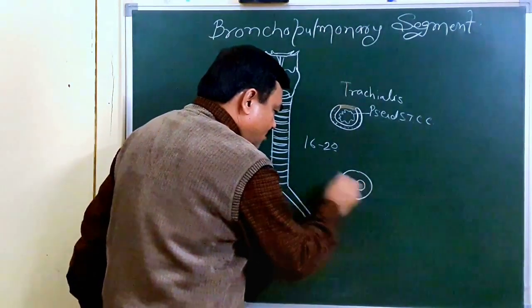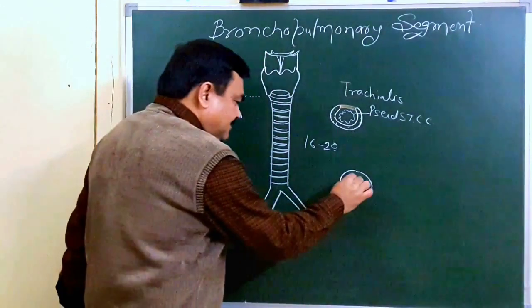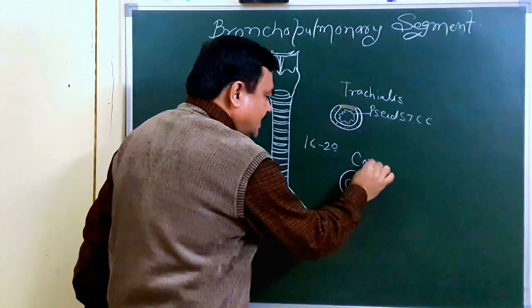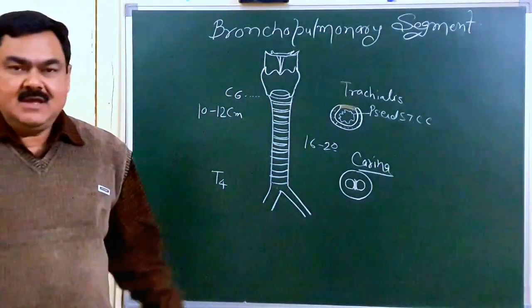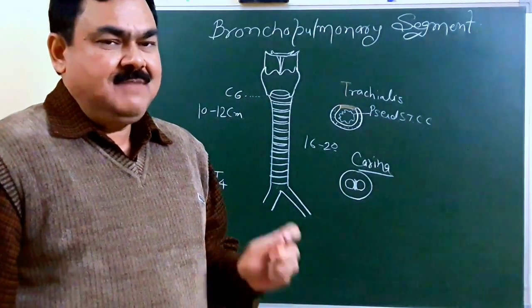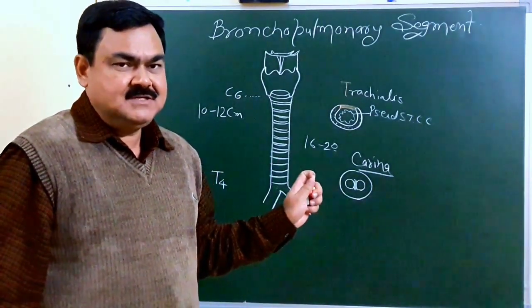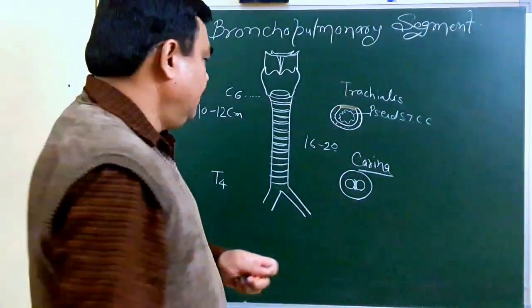Here is the opening of these two principal bronchi. This middle portion is the carina. Here the mucosa is highly sensitive. If any foreign particle reaches here, a cough reflex is generated and the foreign particle is expelled outside.